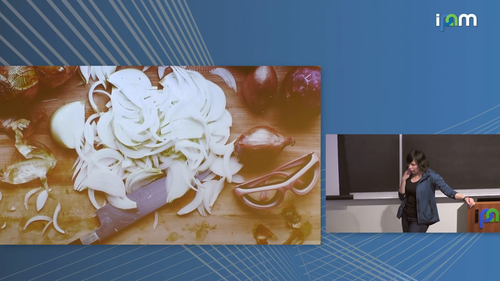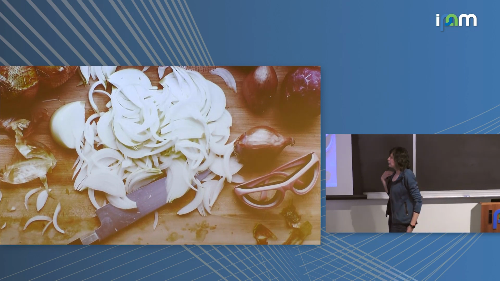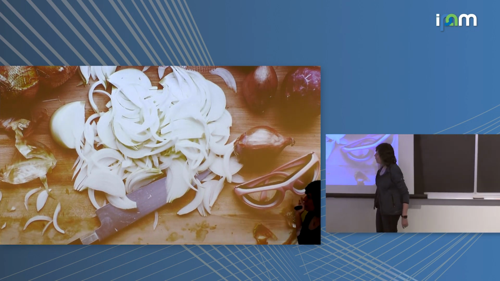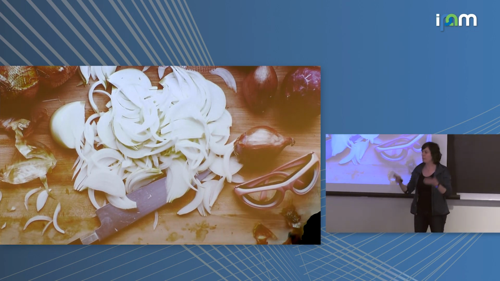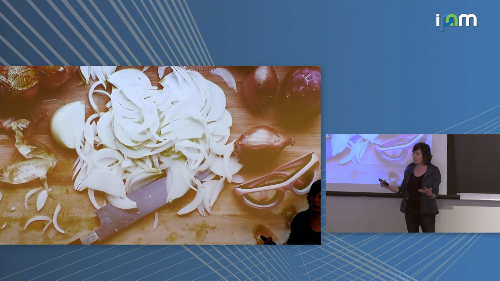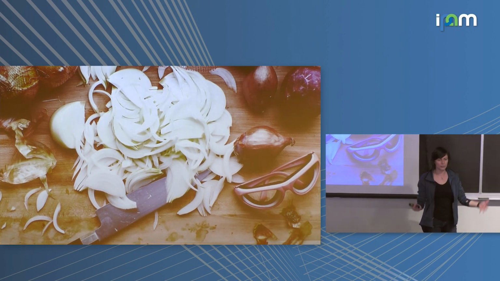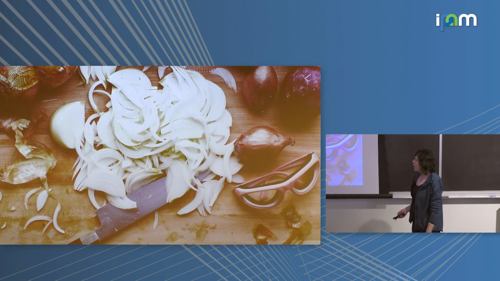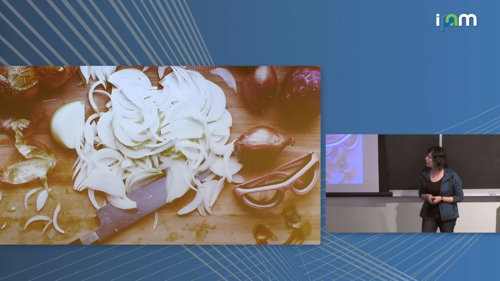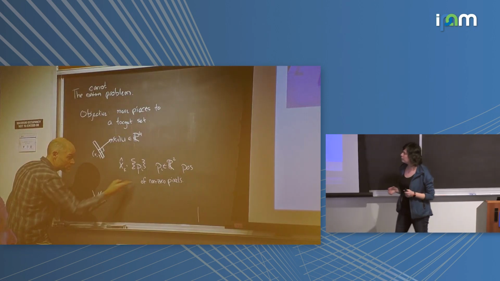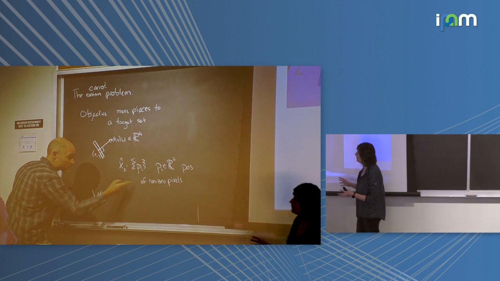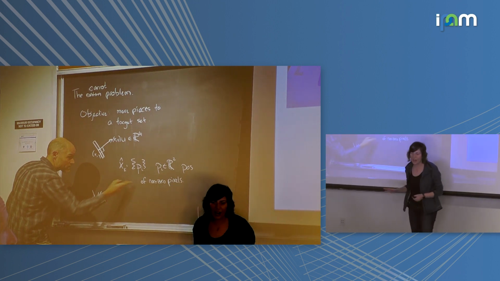Ross Stedrick talked this morning about the onion problem, and this is kind of my own version of the onion problem. He talked about, imagine you want a robot to chop an onion. That would be hard because, you know, what's the state and so on. Then he went to the board and developed a formalization of the onion problem.